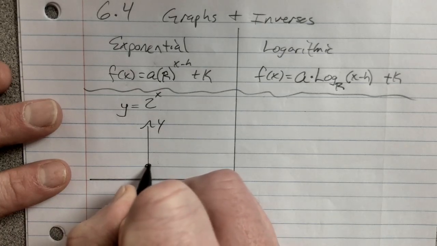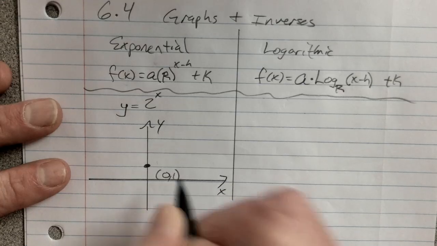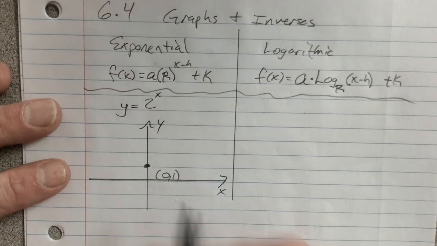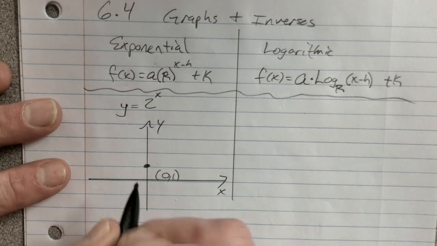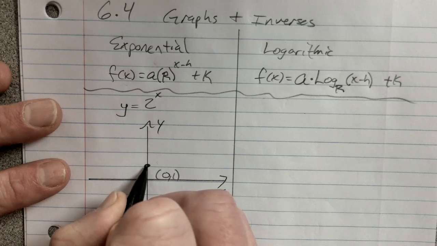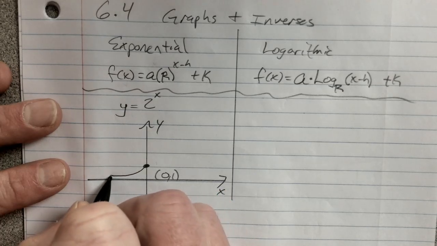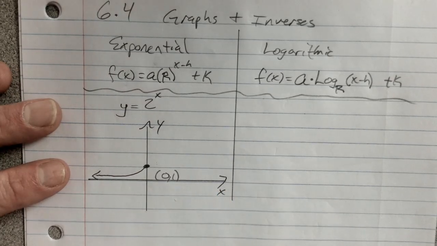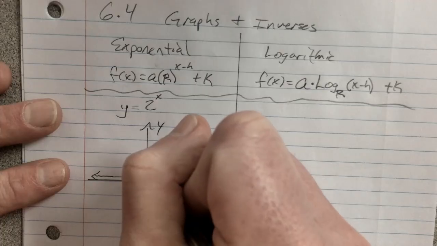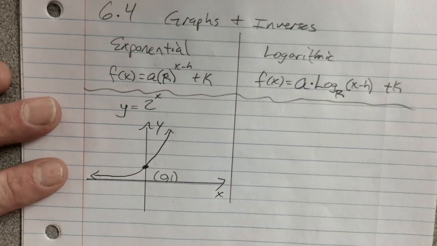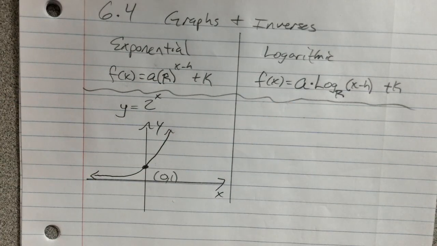So we get the coordinate point 0, 1. Now, to the left, as Beyonce asks us to do, we get closer and closer to the x-axis. To the right, we blow up super fast.